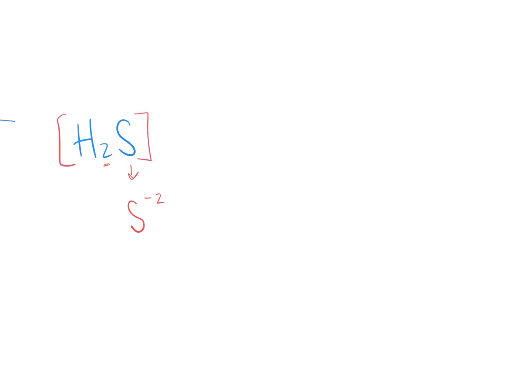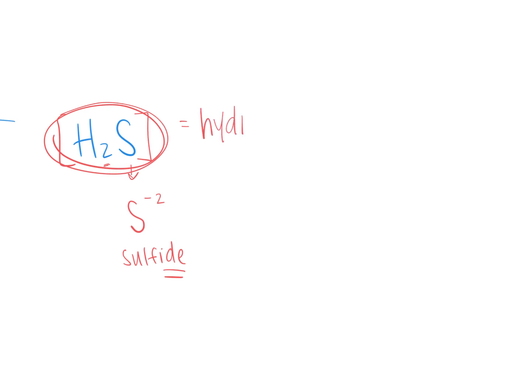It's neutral right here. So if I ignore those hydrogens, I'm left with S -2, what's the name of that one? Sulfide. That one I can find on the periodic table because it's not multiple. This is sulfide. So that means my acid name must be hydro.